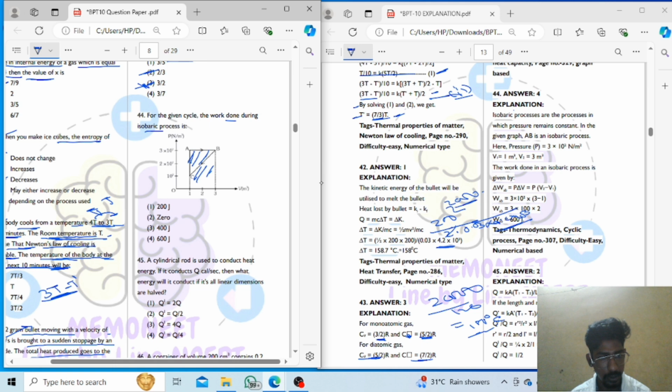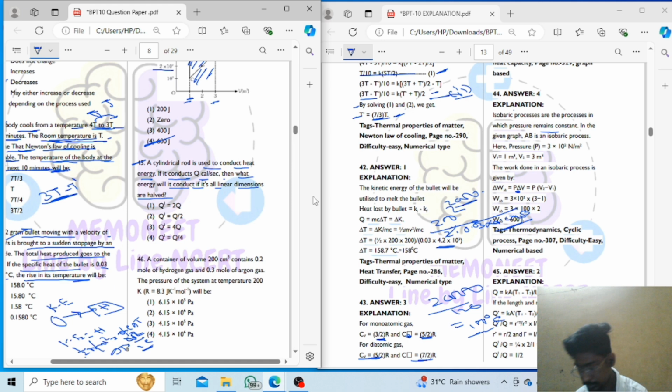Question number 45. A cylindrical rod is used to conduct heat energy. If it conducts Q calorie per second, then what energy will it conduct if linear dimensions are halved? Okay, linear dimensions are halved. Linear dimensions mean the radius and the length.